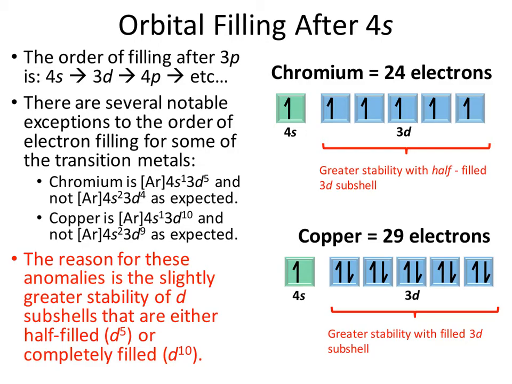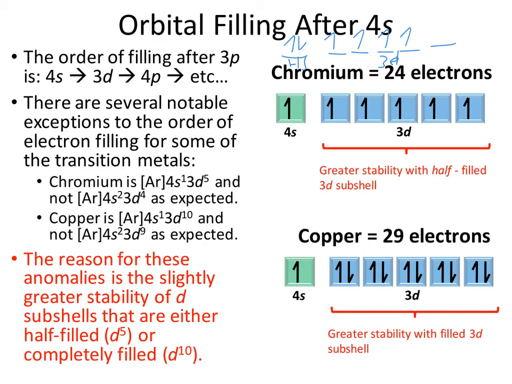So when we look at chromium, assuming all other things were filled up, if you have a periodic table in front of you, we should have 4s, and then our 5 orbitals of 3d. 4s should be filled based on Aufbau rules, so it should go there. And then you can see that chromium is the 4th element in the transition metals, so you should have 1, 2, 3, 4. So that's logically, based on the rules, how you should see chromium.